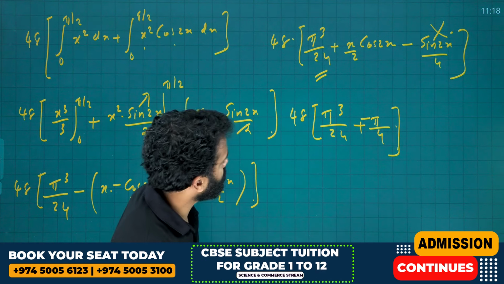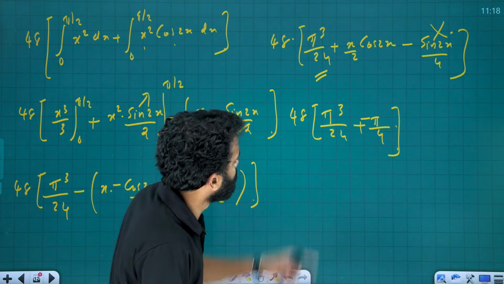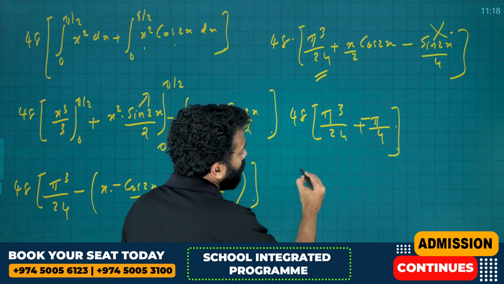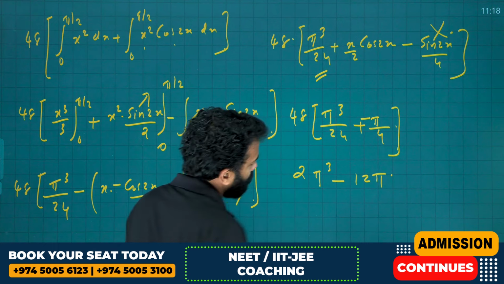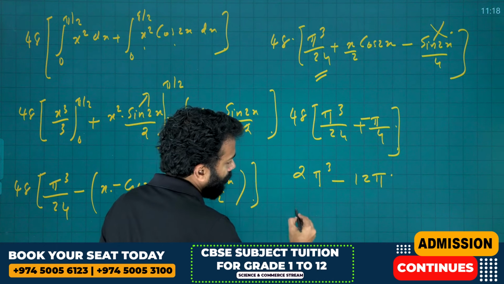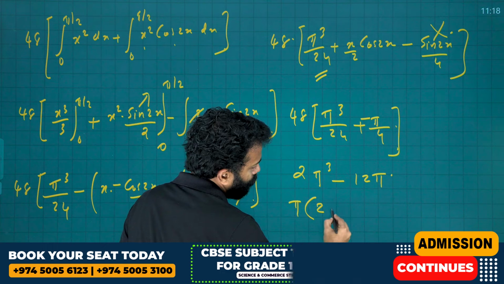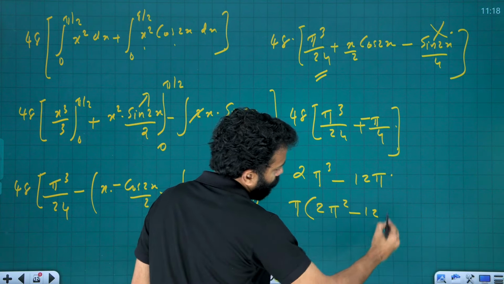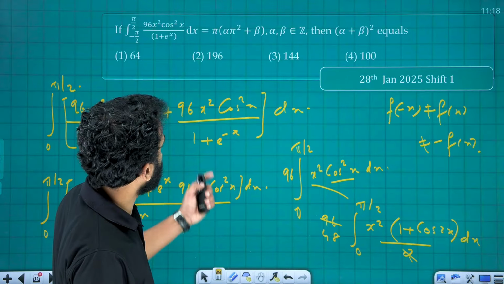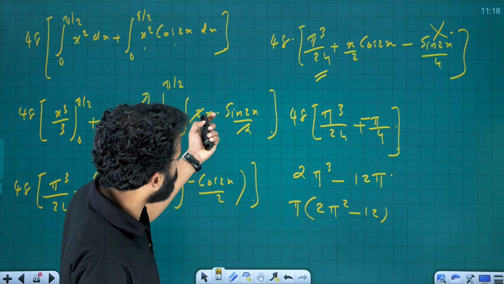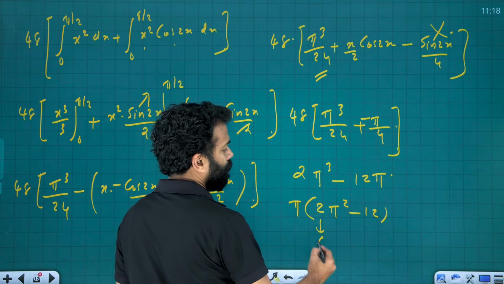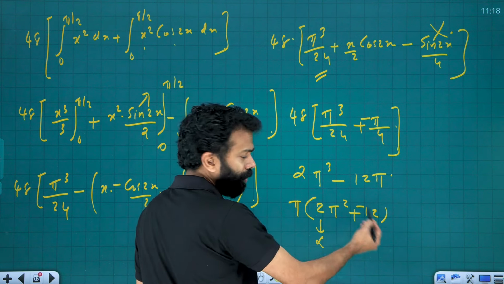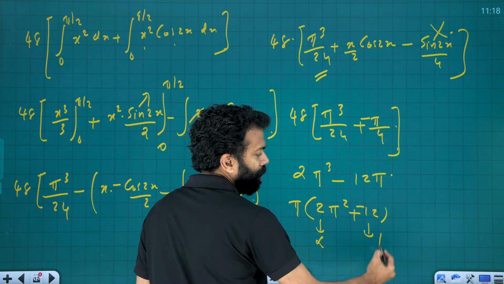I think it's done. The final answer will be 2 pi cube minus 12 pi. If you take pi outside, it will be pi into 2 pi square minus 12. If you compare it, you will get alpha is 2 and beta is minus 12.